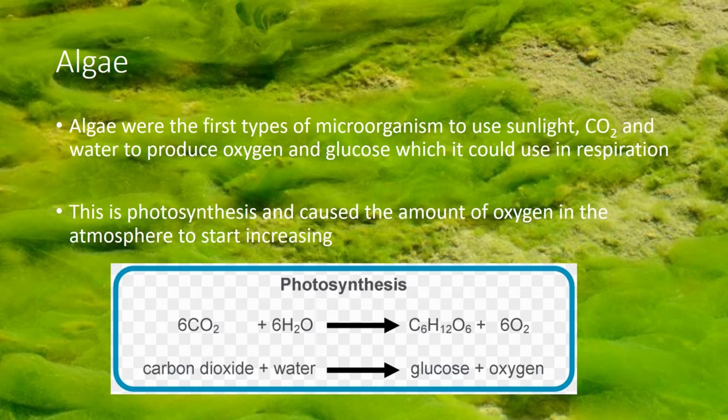Obviously, this is photosynthesis, so a reminder there of the photosynthesis equation. Carbon dioxide plus water goes to glucose plus oxygen. And the balanced symbol equation, 6CO2 plus 6H2O goes to C6H12O6 plus 6O2.